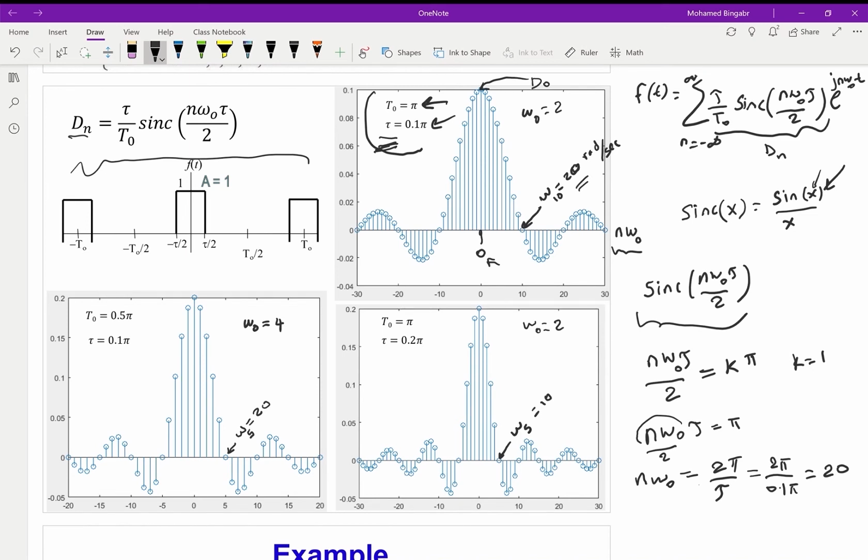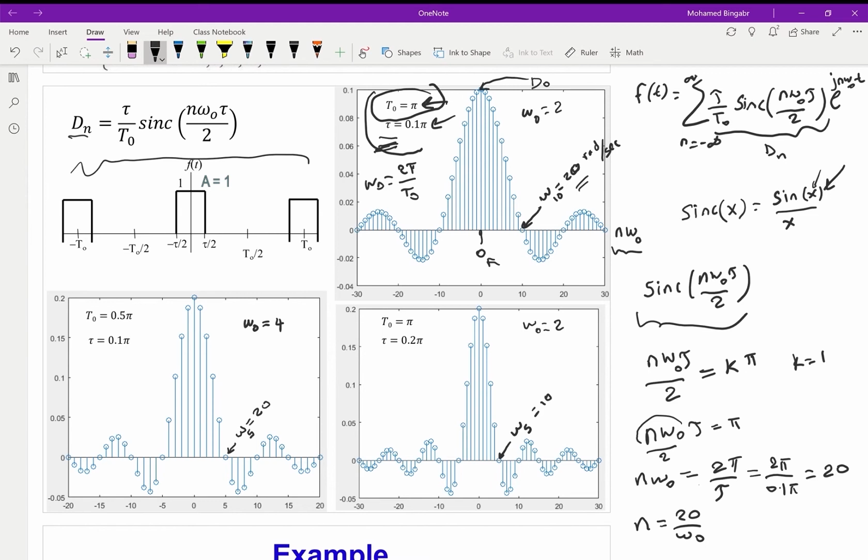Now, which harmonic is this? Is this the 7th or 8th or 9th harmonic? Well, that's easy. I can solve for n. Now, n equals 20 over omega 0. And if t0 is pi, then omega 0 will be 2 pi over t0, and you plug in pi for t0, that would be just 2.